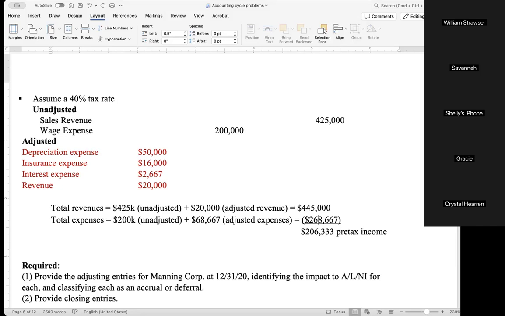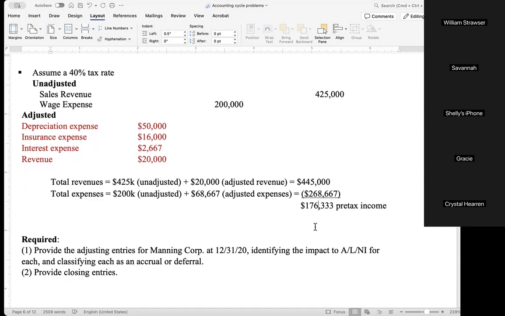So that becomes 268 and 176,333. That look better? Sorry. Anyone have questions about that? I added these three for expenses when clearly, as labeled, I should have added those three.